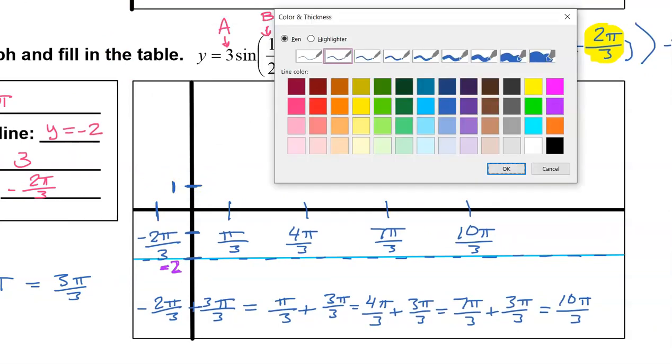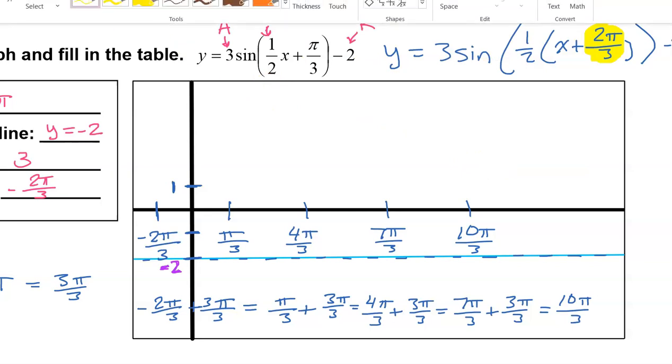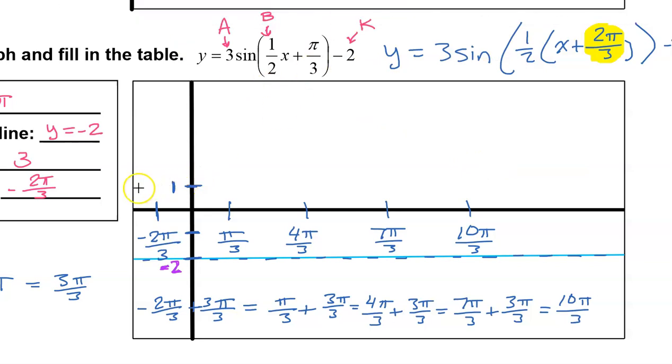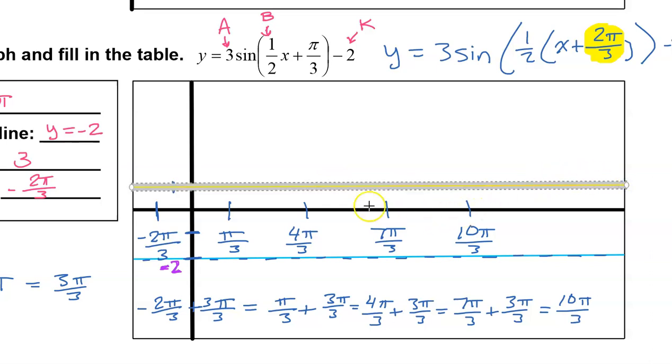I'm going to go ahead and put a yellow line up there as a guideline. This is optional. You don't have to do this, but it helps me draw a better graph. All right, so that will be my highest point.